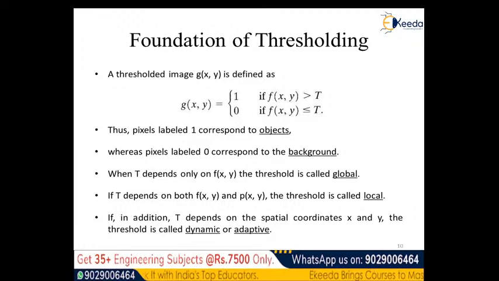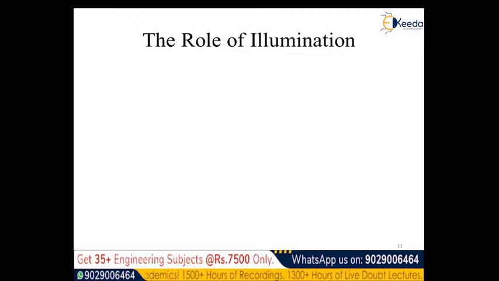As we still have time, now we can address, while we perform the thresholding operation for carrying out image segmentation on the input image, what is the role of illumination? See, in the beginning lectures, when I started to teach you the way the image is formed, there are certain imaging sensors, and because of those imaging sensors, the energy is captured and recorded in the form of the image.